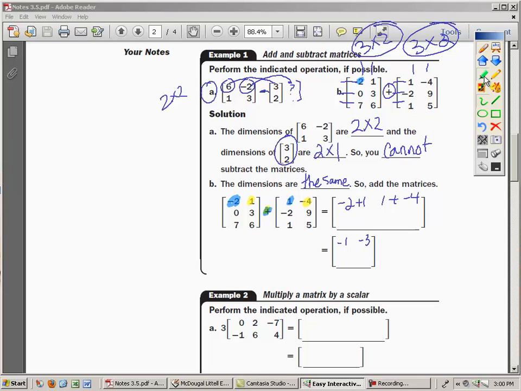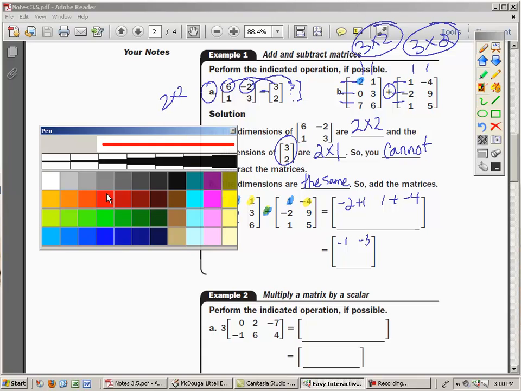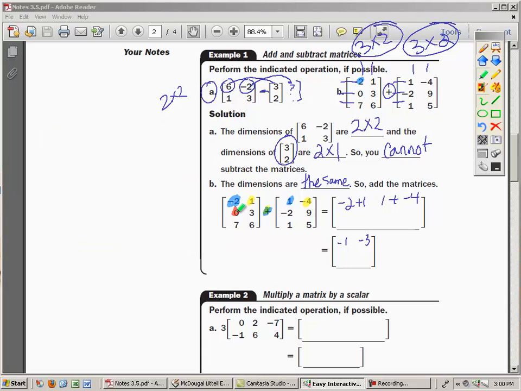All right, let's go again with a different color. Now we have 0 plus negative 2. We're doing second row, first column, so 0 plus negative 2 is negative 2.